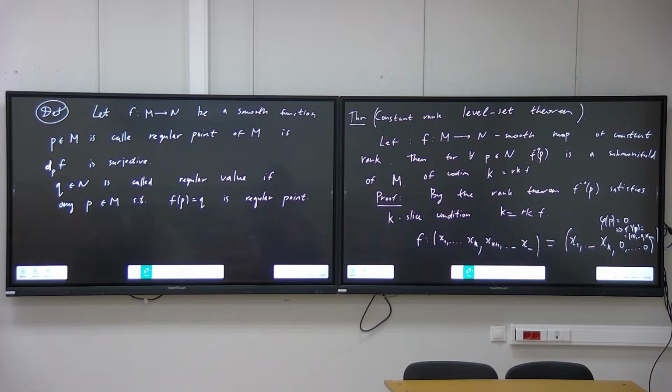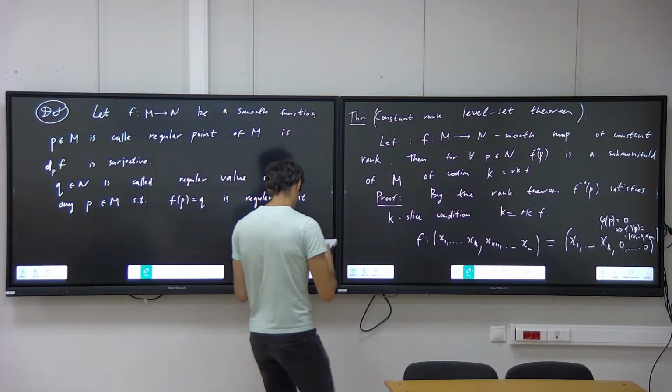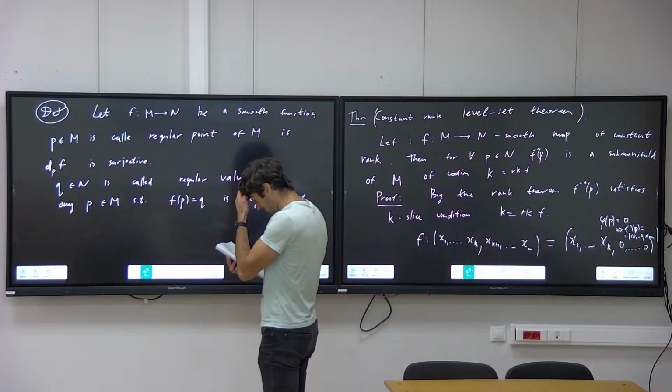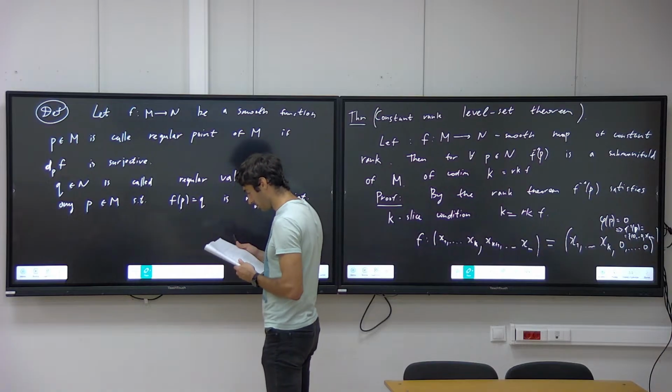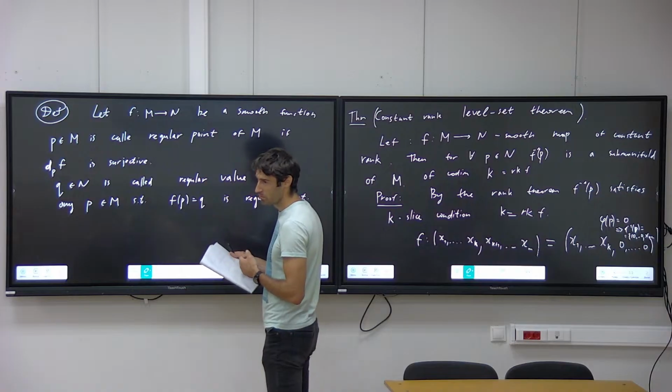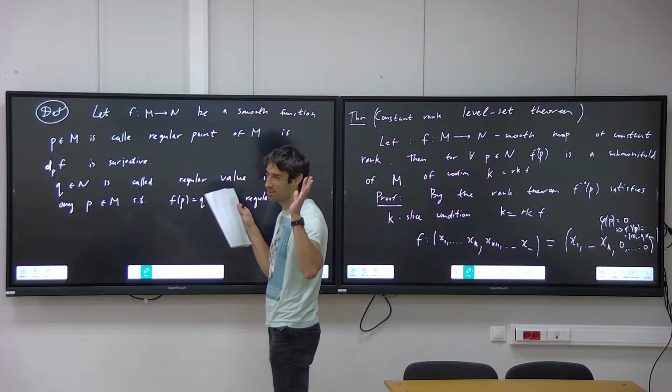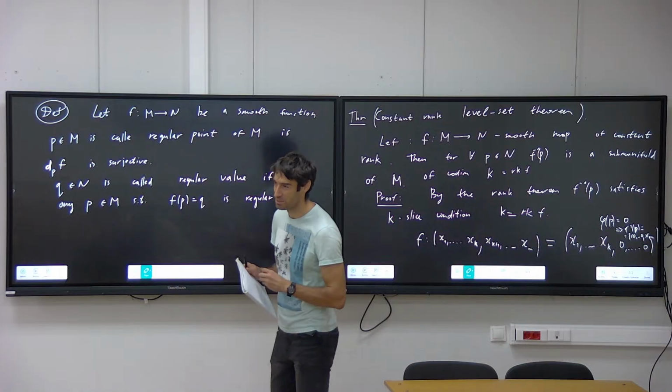And also, if we have an embedding, it is not regular everywhere. Not a trivial embedding, yes, that's true. That's maybe counterintuitive because you want an embedding to be as nice as possible, and so everything is regular. But I mean, terminology is what it is.